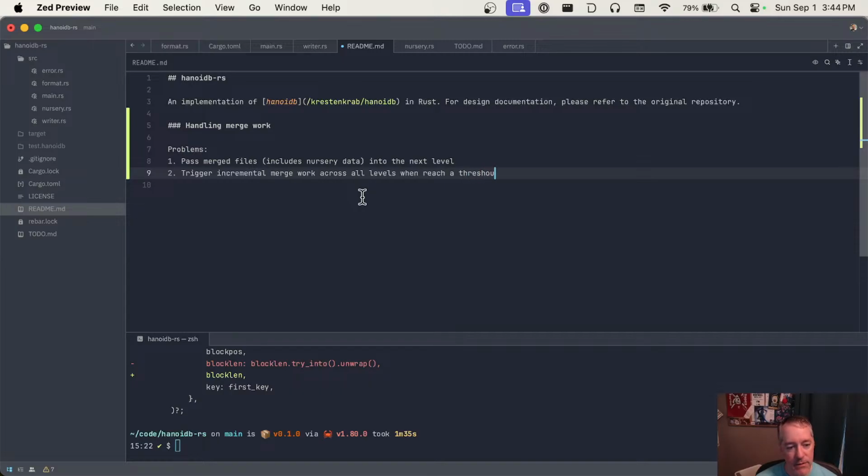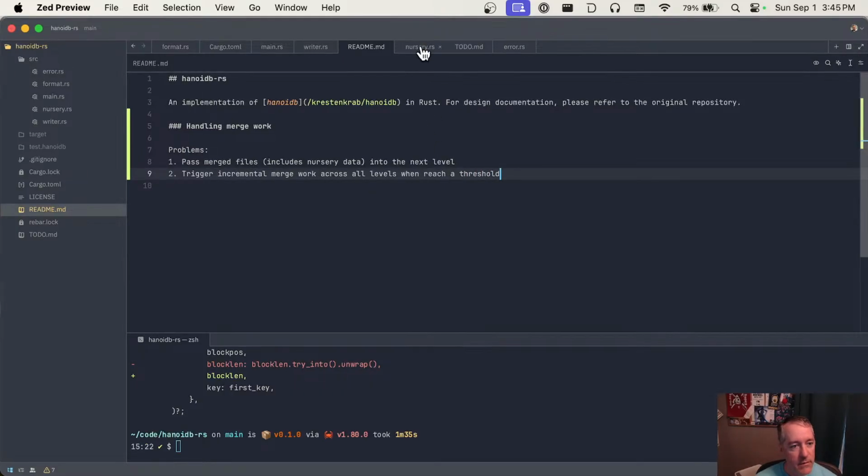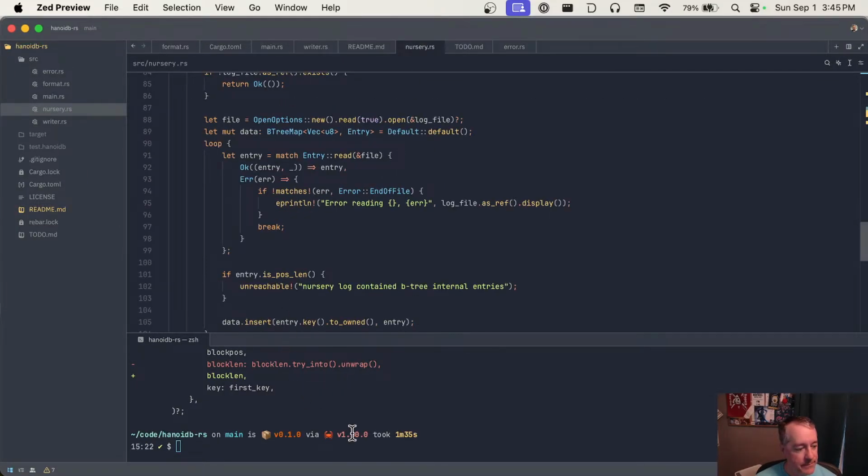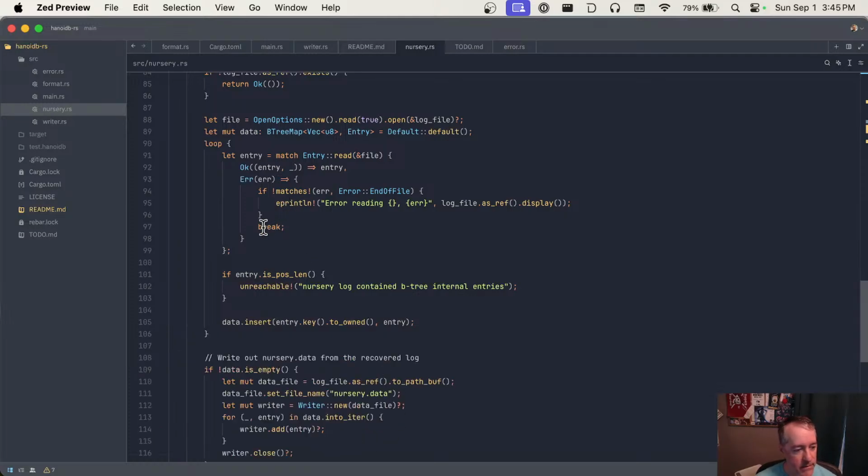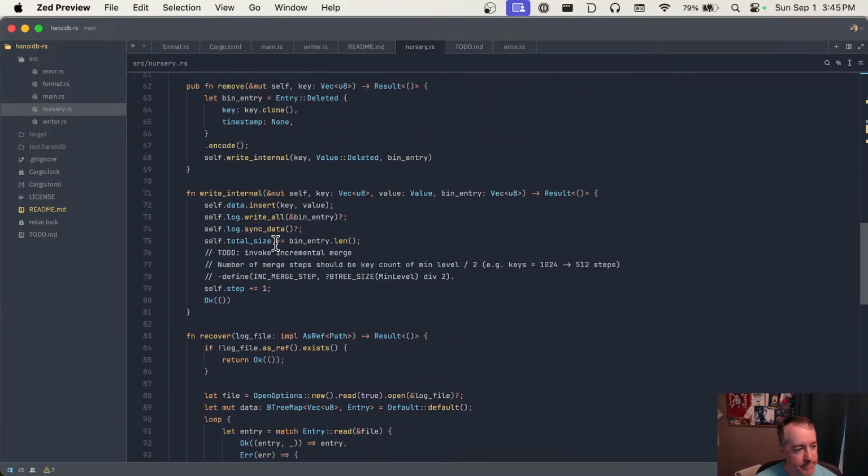And that was, if we look at the nursery, I can hide this shell for now. Right, so this stuff, right? We need to make each level do a certain number of steps.